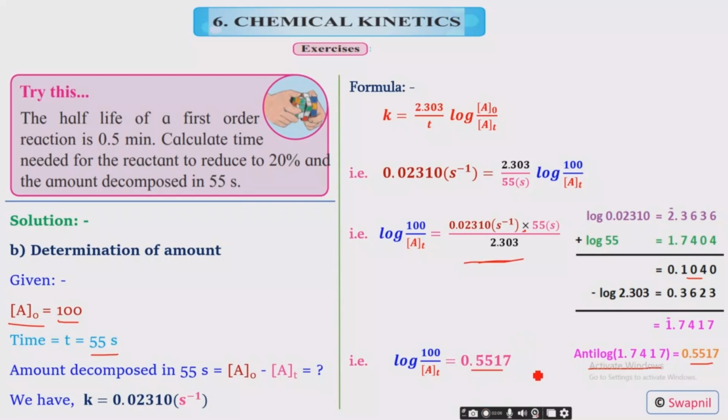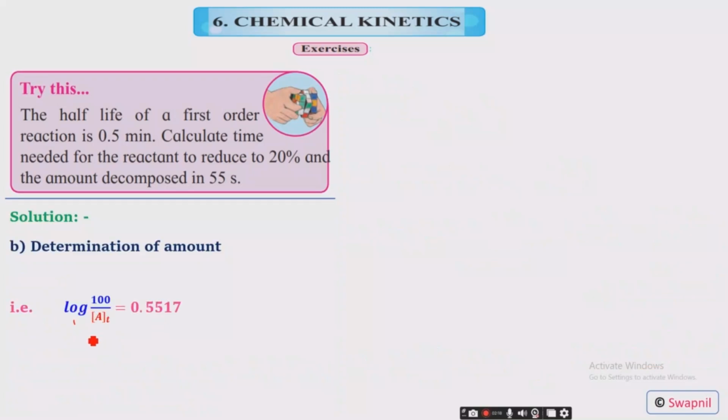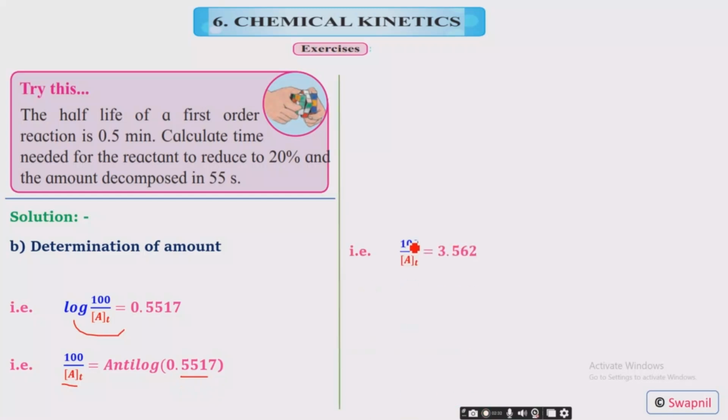Now we have to shift this log to the right side. So we get 100 divided by concentration of A t is equal to antilog of 0.5517. The antilog of 0.5517 is 3.562. So 100 divided by concentration of A t is equal to 3.562. Now again rearranging, we get concentration of A t is equal to 100 divided by 3.562.